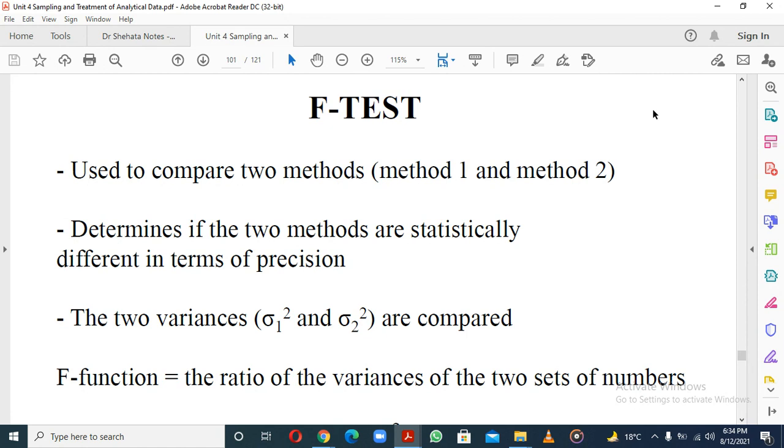So someone comes up with a method and says, you know what, this method is very effective, and someone again says, no, this method is more effective than your method, and you don't want to be biased. You want to figure out which method is truly more precise, or even more important, you are trying to assess, even though these people are claiming that their methods are better, are they really different?